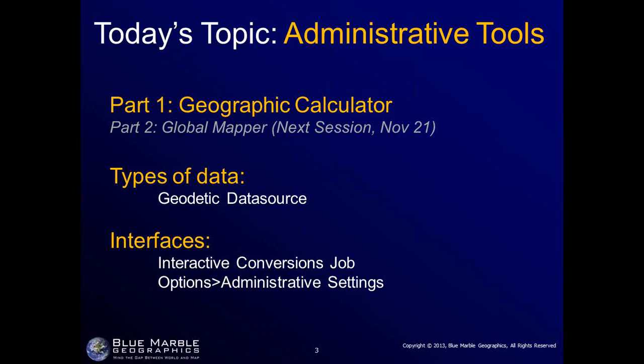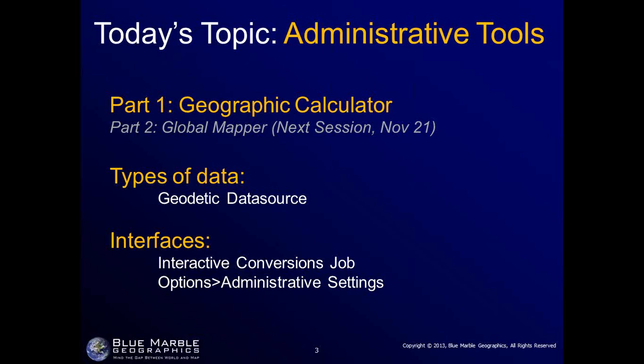Today we're going to be talking about primarily the geodetic data source and the underlying administrative tools that allow you to control how your end users interact with that data source for all of the various types of conversions that we can do. This applies for anybody throughout the Geographic Calculator.